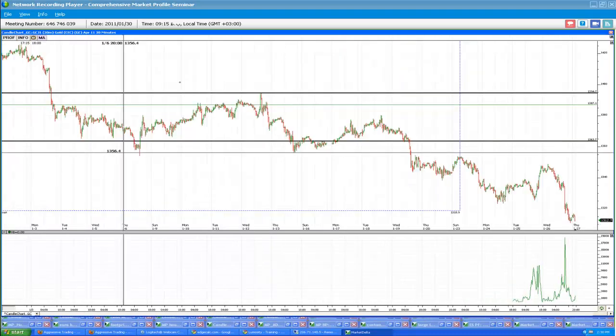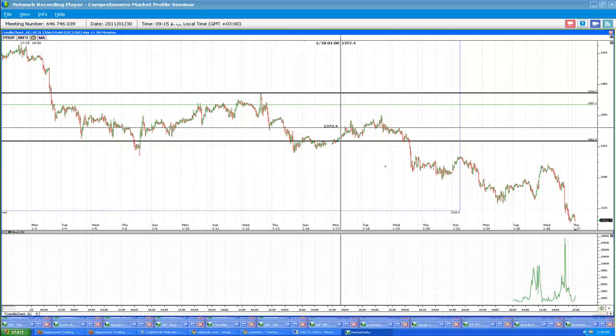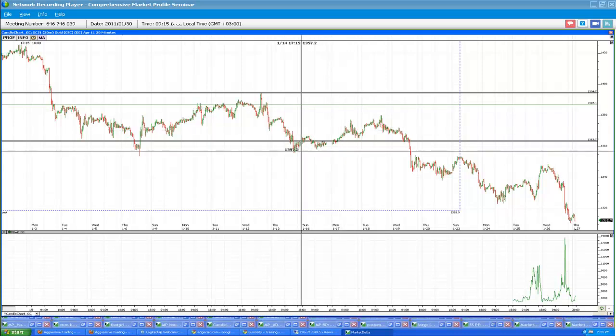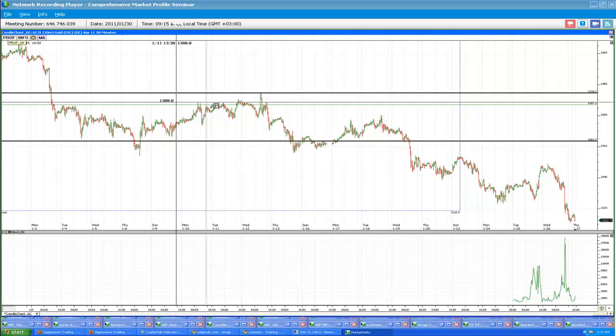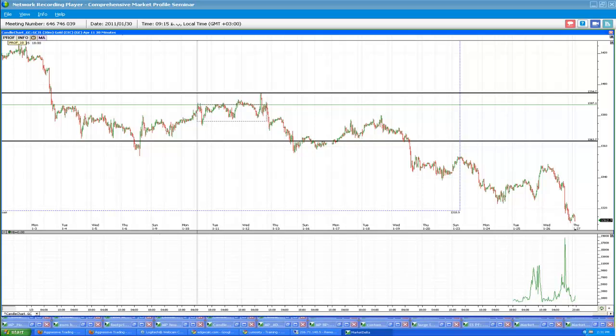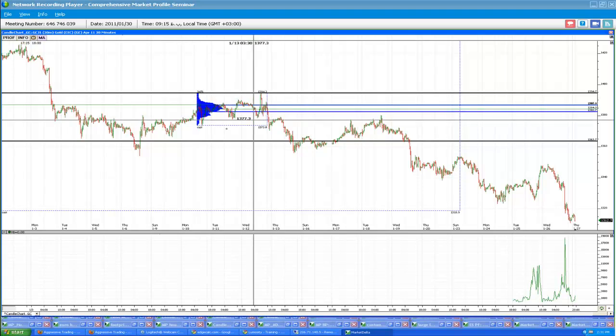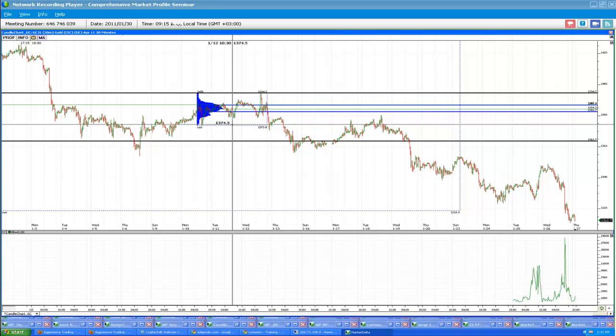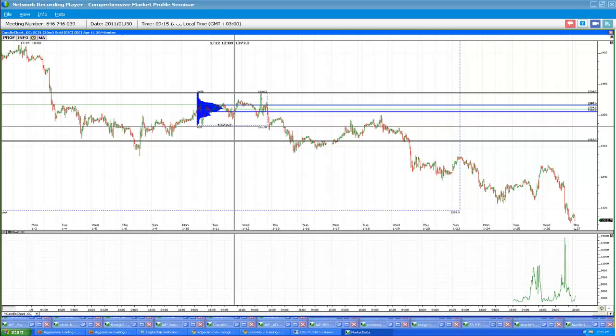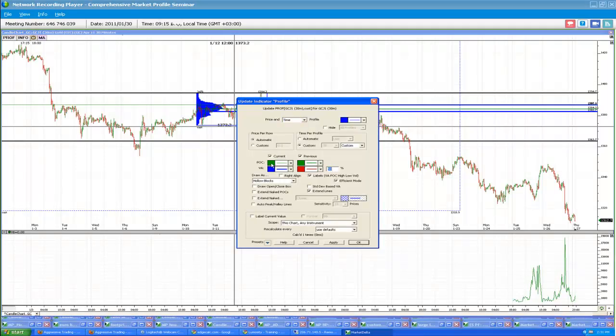So we formed below the balance. We're starting to lean short, and we have a balance right here. You guys see this balance right here? I can make this a little bit bigger because that HVN isn't quite the right size, so let's make that up to 60.